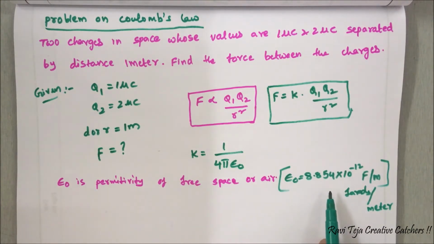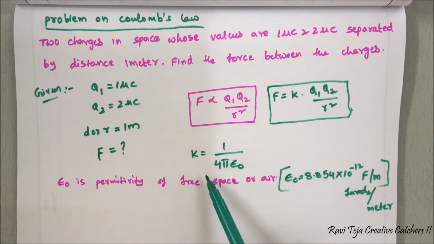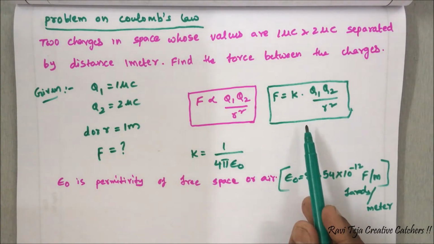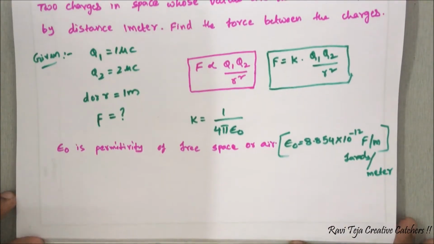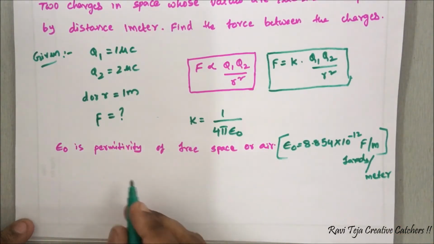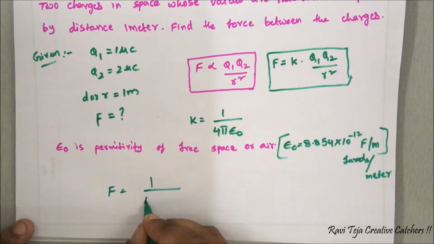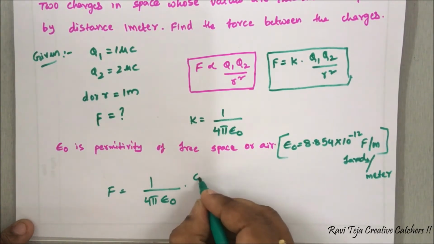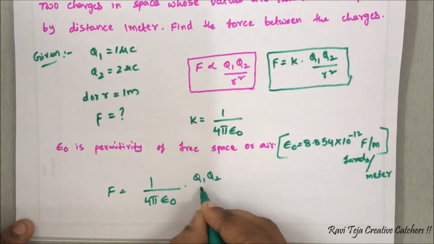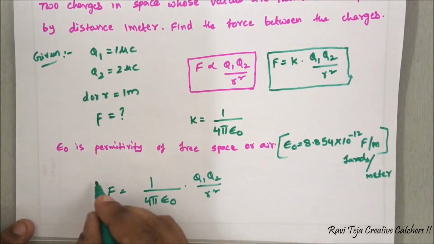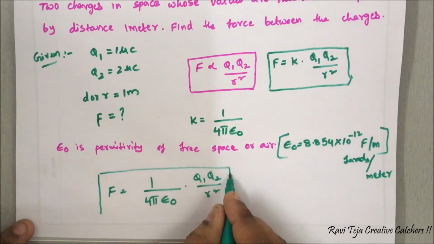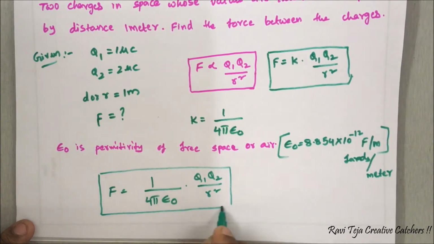Substitute this epsilon naught value in k, and we need to substitute this k value in the particular formula. Okay, now what happens here? F is equal to 1 by 4 pi epsilon naught into Q1 Q2 by R square. This is the final formula through which we are going to solve that particular statement.